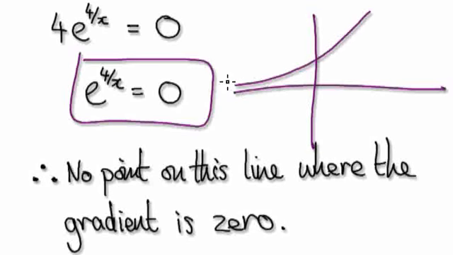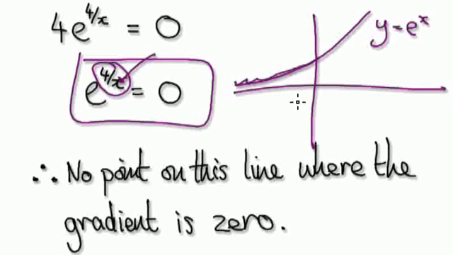Looking at this here, if you look at the graph of y equals e to the power of x, it looks like this. Apart from x being dead on 0, because it would break down here, everything else is positive. You're never going to reach 0 unless you head towards infinity.